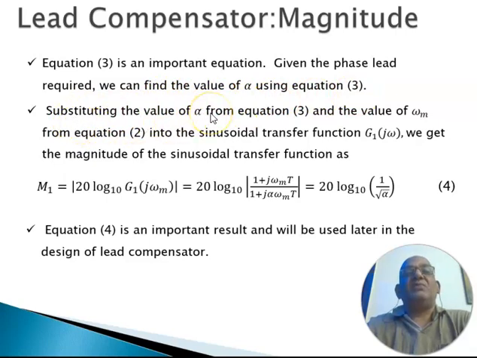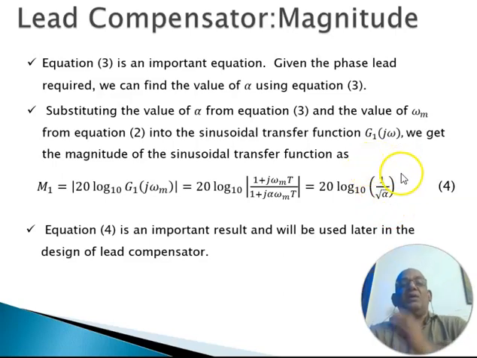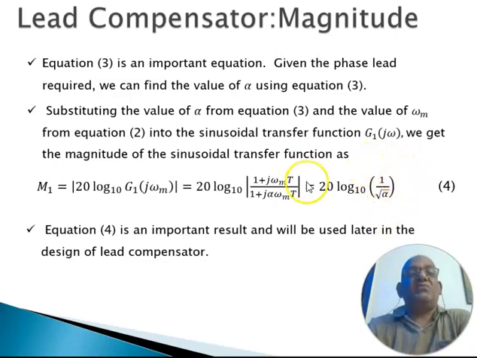Substituting the value of alpha from equation 3 and the value of omega m from equation 2 into the sinusoidal transfer function, we see that the gain contribution, that is 20 log to the base 10 magnitude of G1 j omega, is 20 log to the base 10 of 1 over square root of alpha. Remember this equation 4 very carefully.